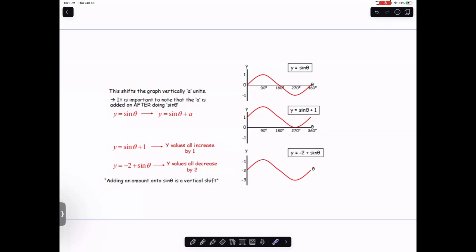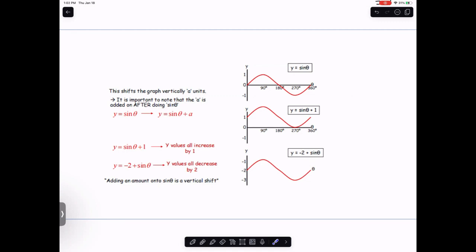Sine 90 is 1, plus 1. So the value for our y on sine 90 will move to 2, because 1 plus 1 becomes 2. So adding a value also will affect your y-axis; it will shift your y-axis upward.